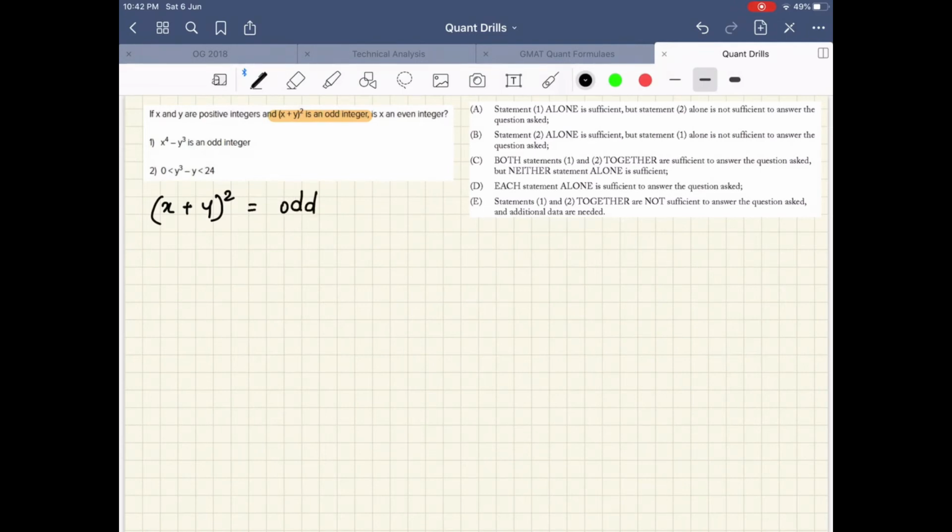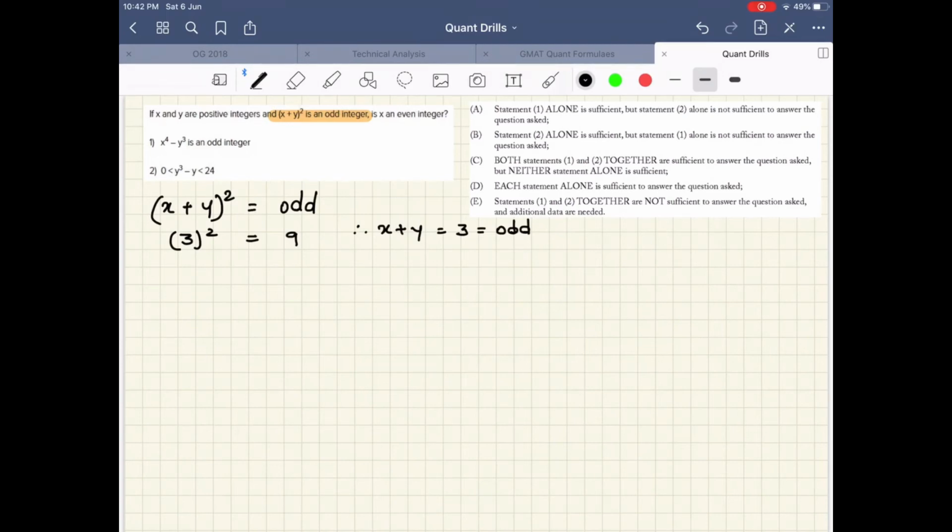When I say odd number, I will say it is 9. So 3 squared is 9, so I can see that x plus y is equal to 3, or x plus y is equal to an odd number.